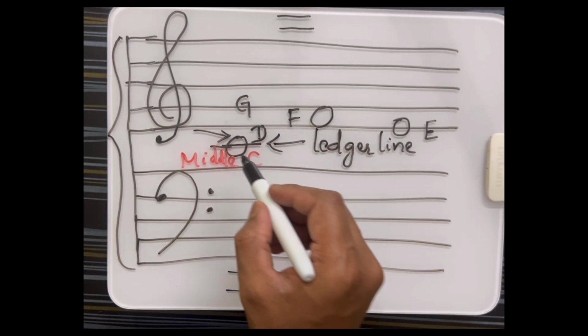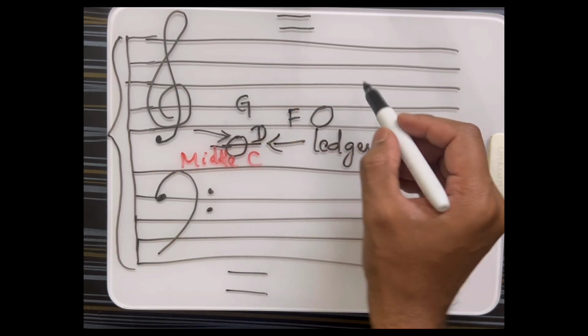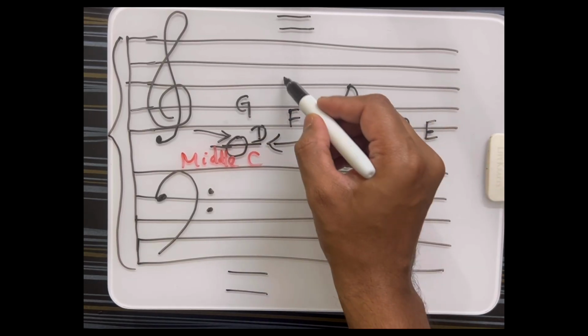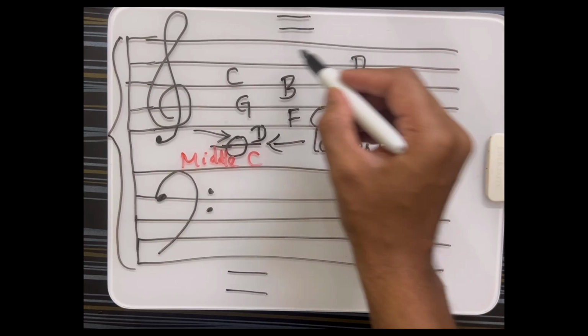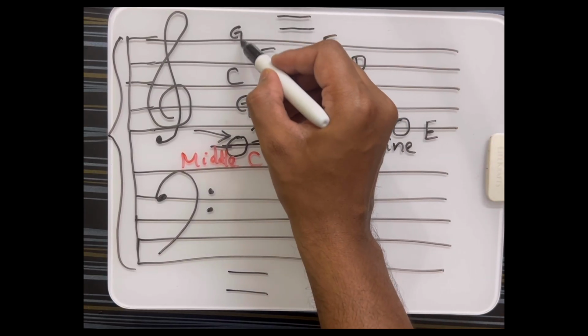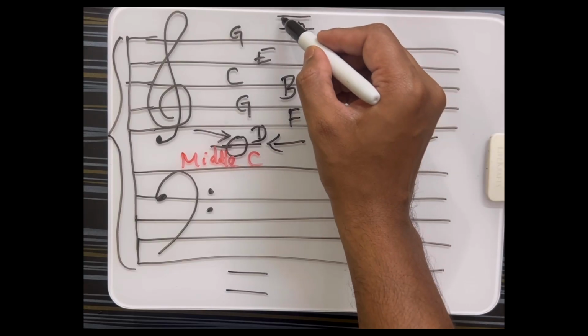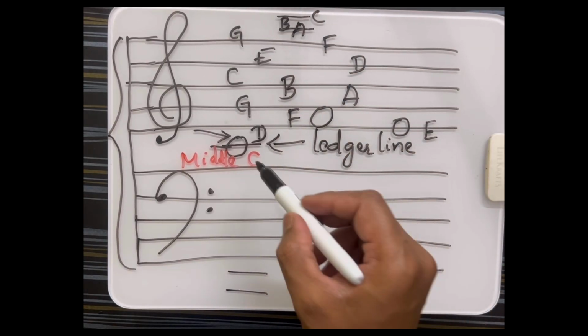So it's common that we start from C, D, E, F, G, then A, then B, again C, D, E, F, and G, A, B, C. So this is the middle C.